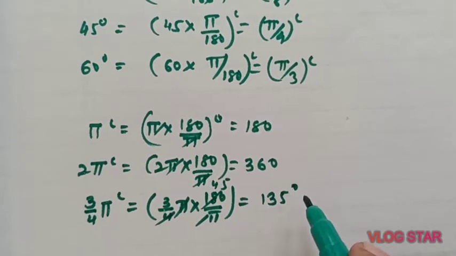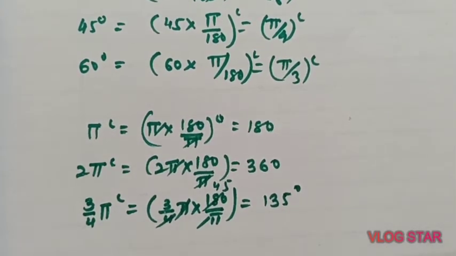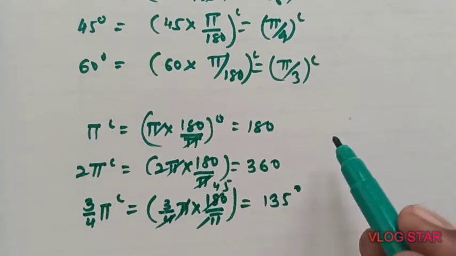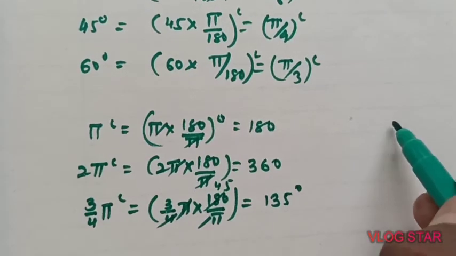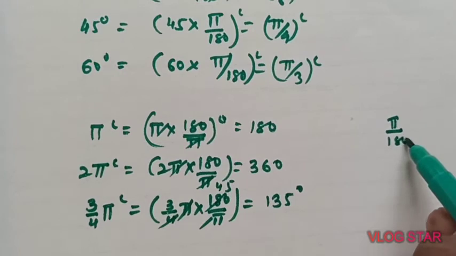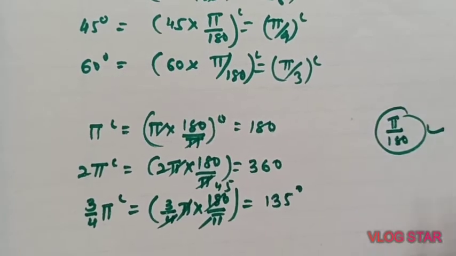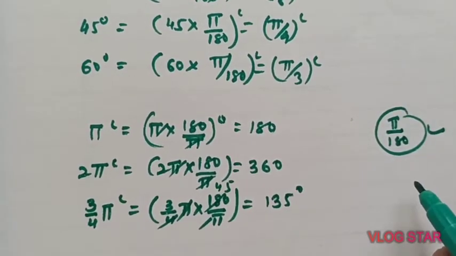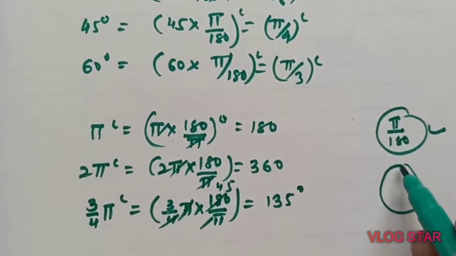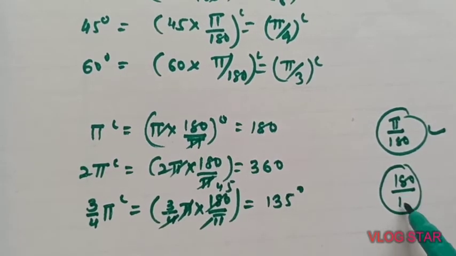This is in degree. So like this, remember two factors. While converting degree to radian, multiply by pi by 180, and while converting radian to degree, multiply by 180 by pi.